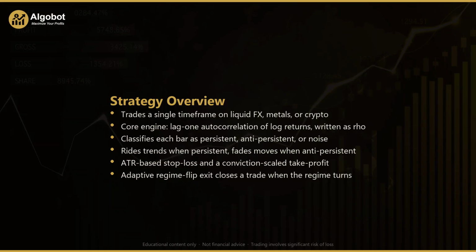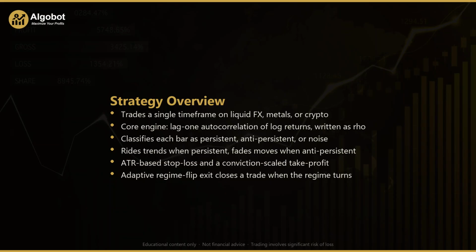To measure this, the strategy computes the lag-1 autocorrelation of the last 30 log returns by default, a single coefficient, written as rho, that always sits between -1 and +1 and is completely independent of the price scale. The sign of that coefficient classifies the regime. A clearly positive reading means the recent returns are trending, so the edge is to go with the latest move.